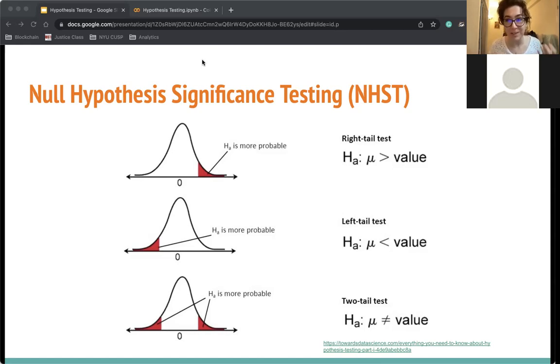There is some type of significant difference in these values.